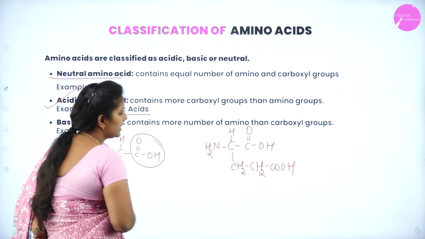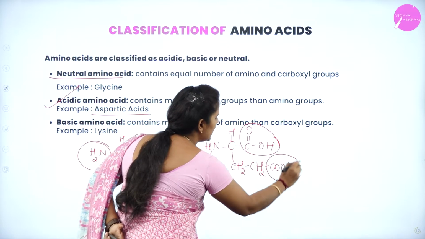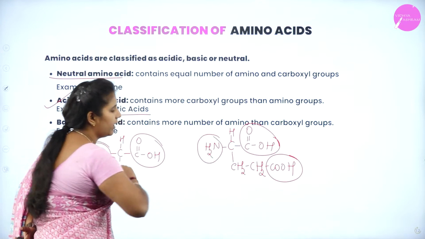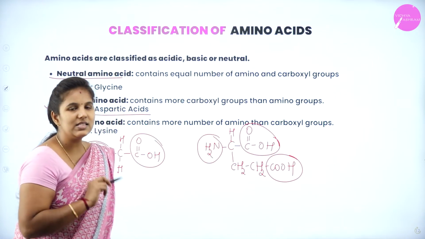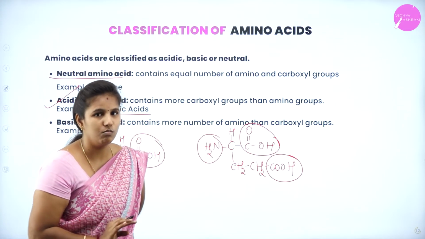In this example of aspartic acid, you can see that there are two acidic groups, but only one basic group. Hence, it is an example of an acidic amino acid, where the acidic groups are more.